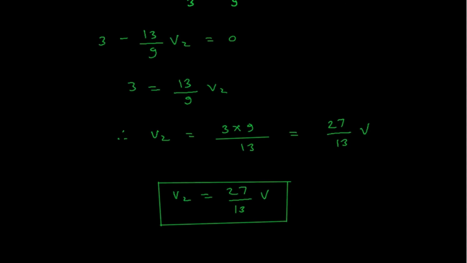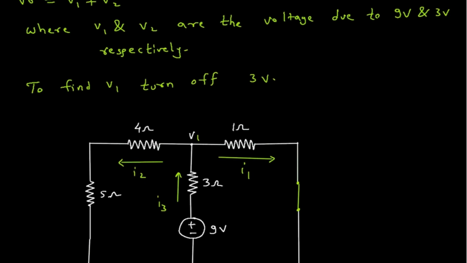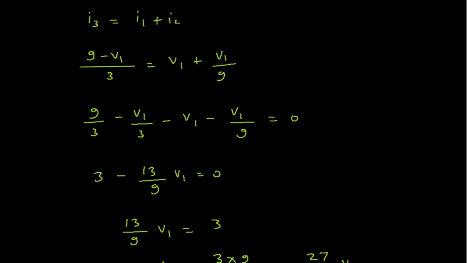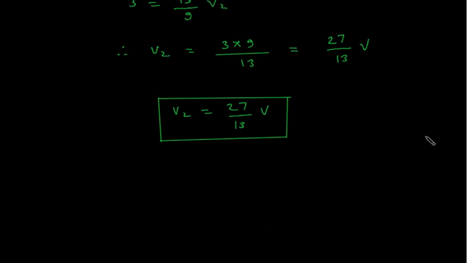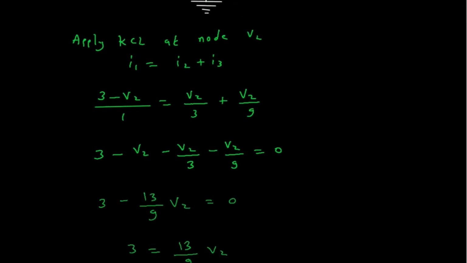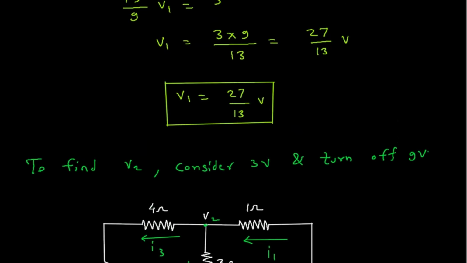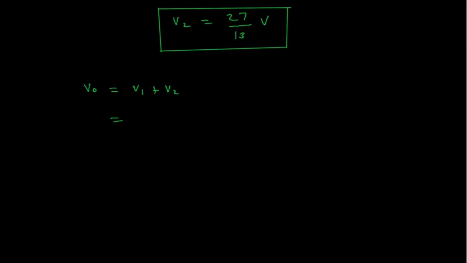Now what we have to find? We have to find VO. VO is equal to V1 plus V2. V1 is 27 by 13 volt, plus V2 is also 27 by 13.